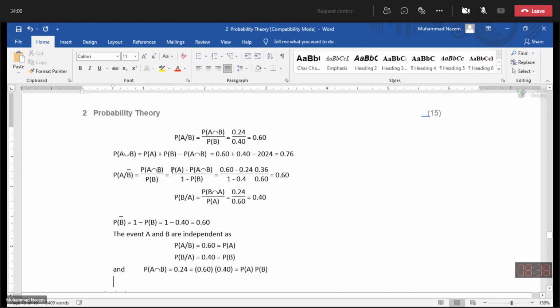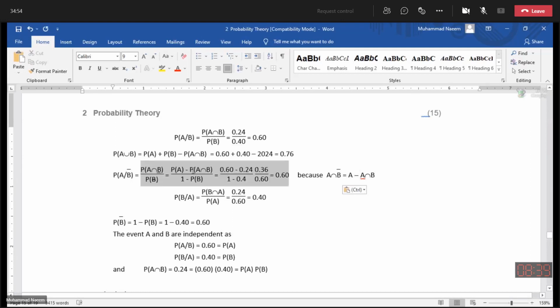So same, we have the probability of A minus the probability of the intersection, because A intersection B complement is equal to A minus A intersection B. So this is the reason.